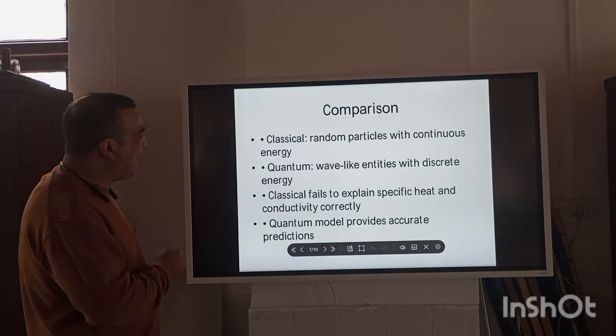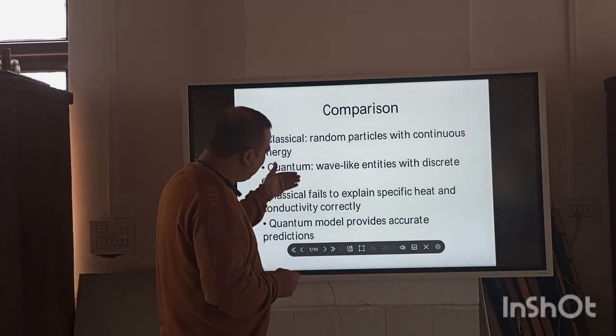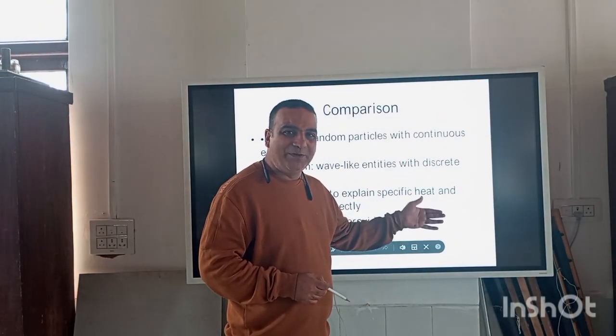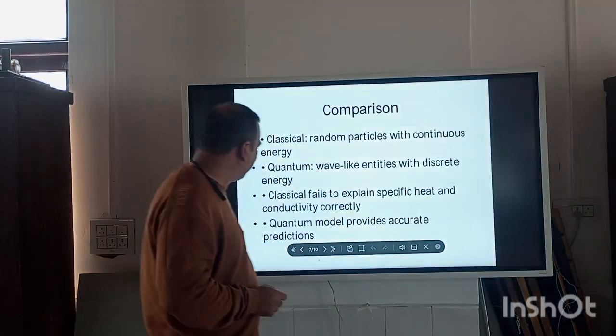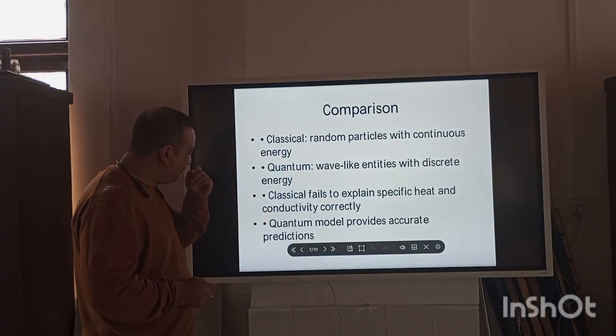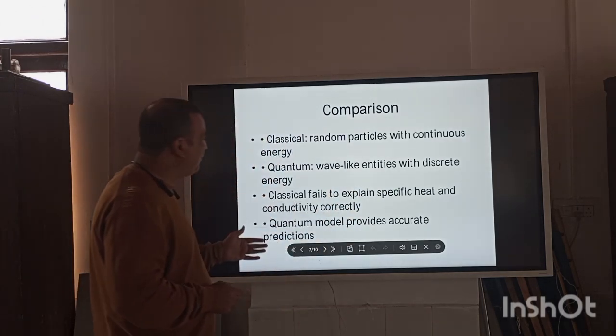To be precise, the classical theory fails to explain some important properties of these metals, one among them is the specific heat, and another one is the conductivity. The quantum model provides accurate predictions.